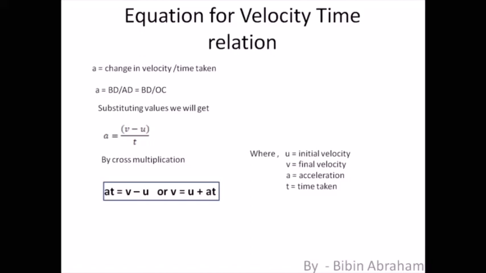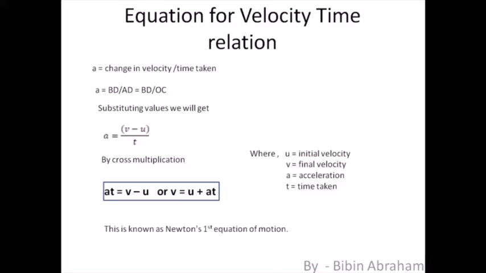Out of these four quantities, if three quantities are given, I can automatically find out the fourth quantity, right? So this is Newton's first equation of motion: V is equal to U plus at. Through this we can find out final velocity, initial velocity, acceleration, and time.